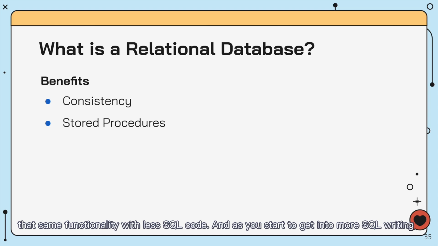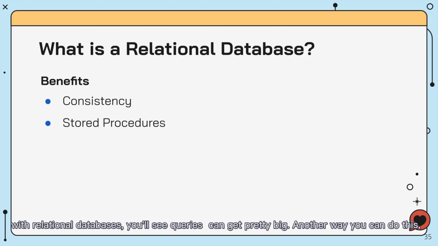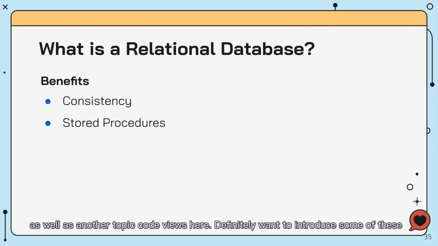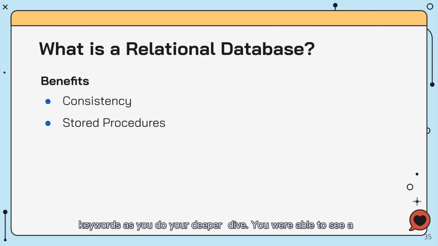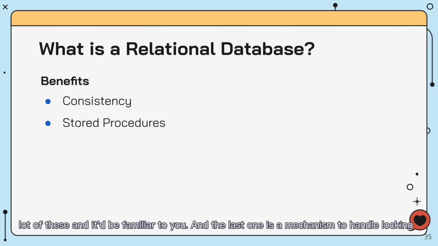As you start to get into more SQL writing with a relational database, your queries can get pretty big. Another way you can handle this is a topic called views. Definitely want to introduce some of these keywords as you do your deeper dive, so that you see a lot of these and they're familiar to you.